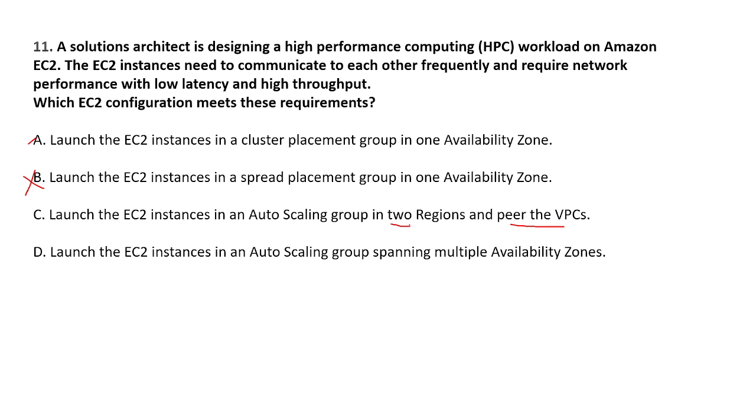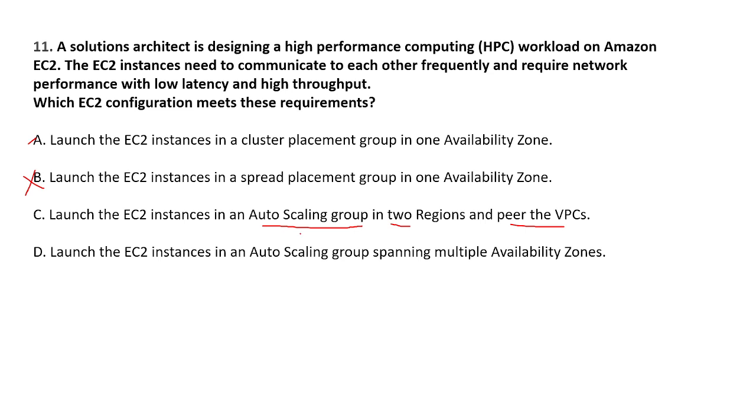Even so, an auto scaling group is mostly used for load balancing, EC2 auto scaling, and CloudWatch also. Our question is asking for instances that need to communicate with each other frequently and require network performance.